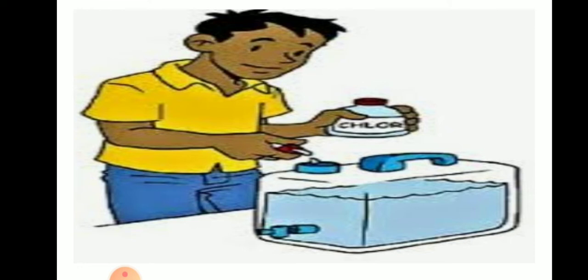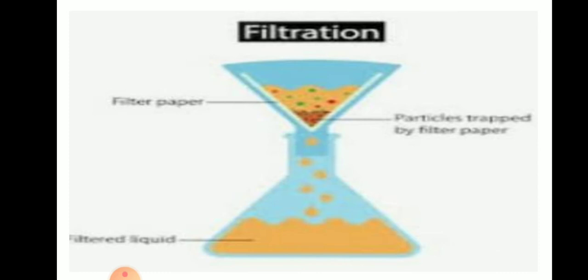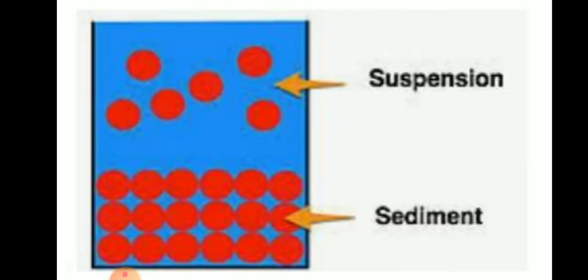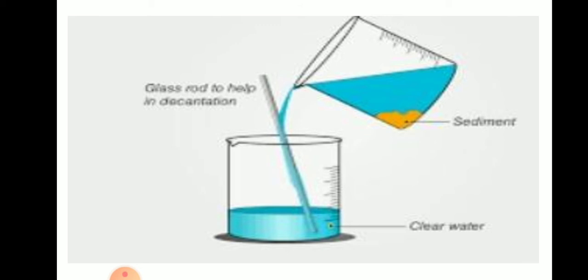I already said that two examples of soluble impurities are salt and sugar. Clear? And methods like filtration, sedimentation and decantation are used to remove the insoluble substances from the water.